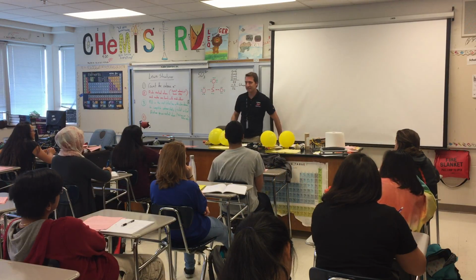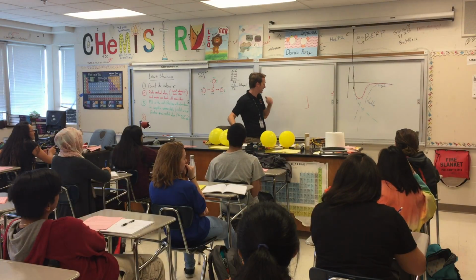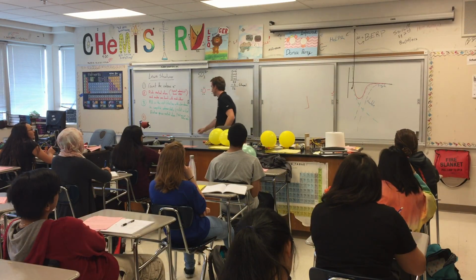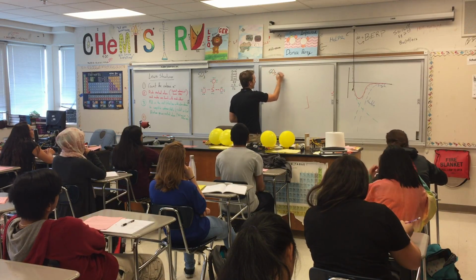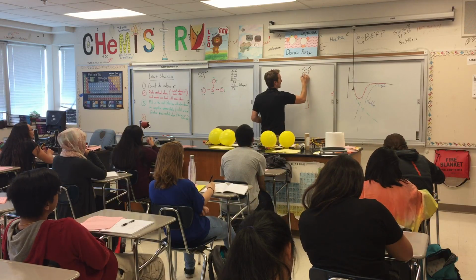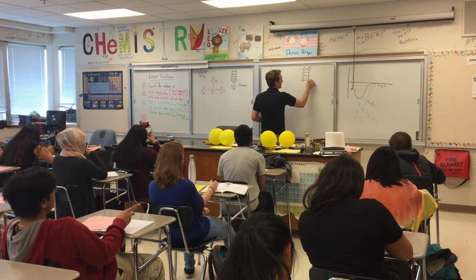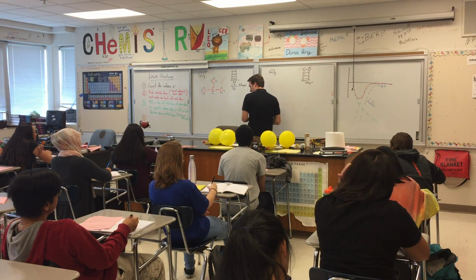SO3 was not actually the example I wanted to do. Sorry, sulfite was not the example I wanted to do. I wanted to do just sulfur trioxide. So here we're going to have 24 electrons. So, pick our central atom.